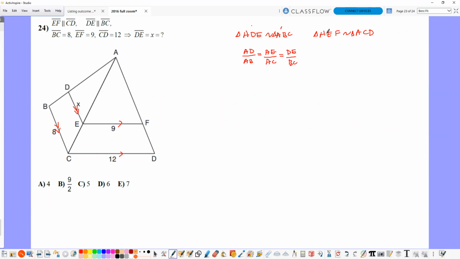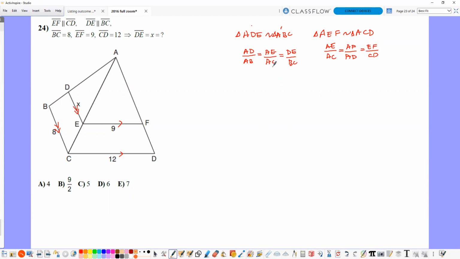And from this triangle, AE divided by AC is equal to AF divided by AD, equal to EF divided by CD.